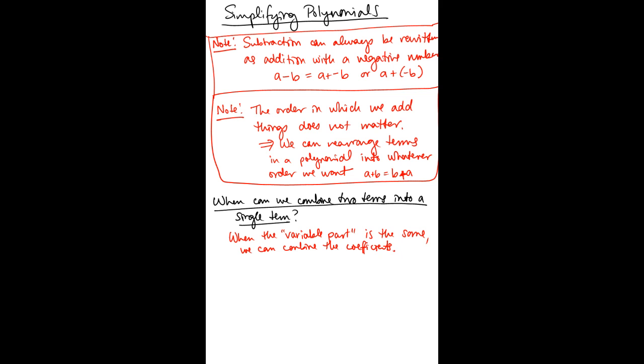So let's look at some examples. For example, 3x squared minus 5x squared. We could rewrite this as addition, so this is really 3x squared plus negative 5x squared.